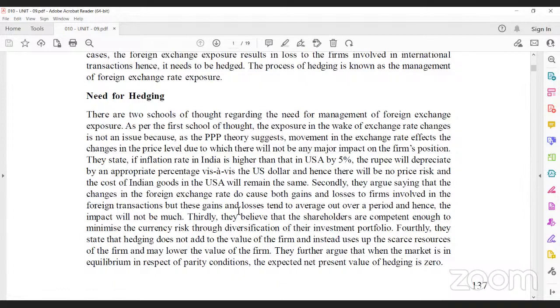Under foreign exchange exposure, there are two differences of opinion by two different schools.